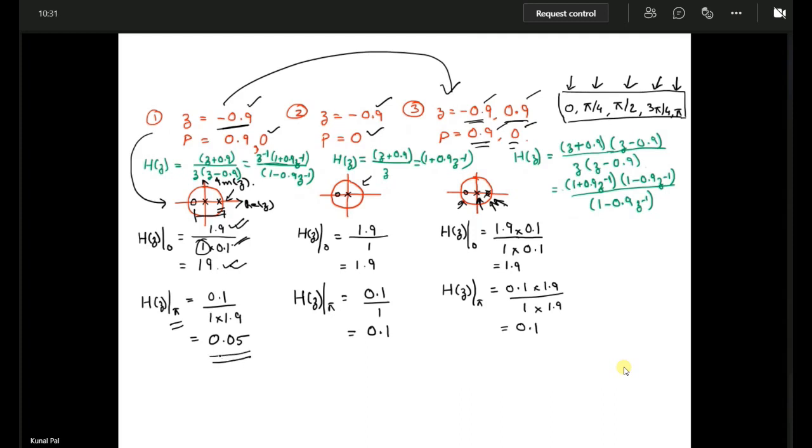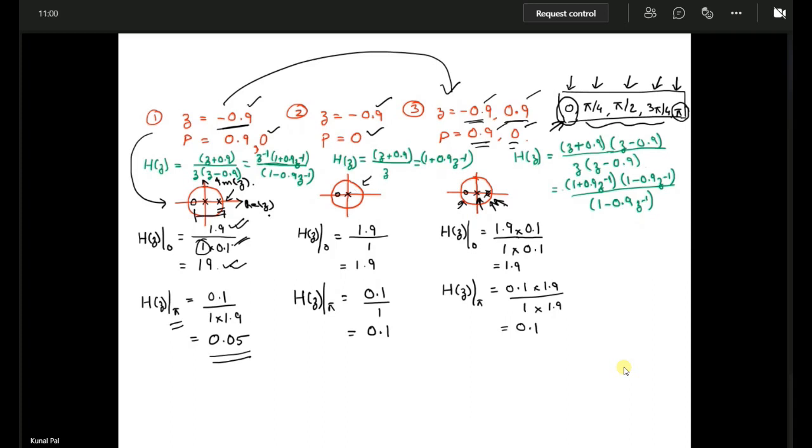Over here, I have only considered the cases of 0 and pi. At the end of the class, if you have some time, then you have to calculate the filter responses at these other three frequencies, and by the end of the day, you have to return it to the TA. Okay.